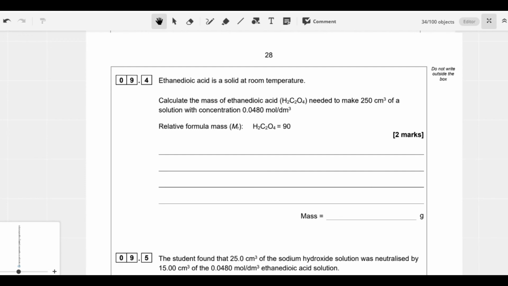So here the concentration is equal to the formula mass, that is 90. Okay, I'm going to write it again. Here C is equal to 90 times the concentration that is given, 0.0480.